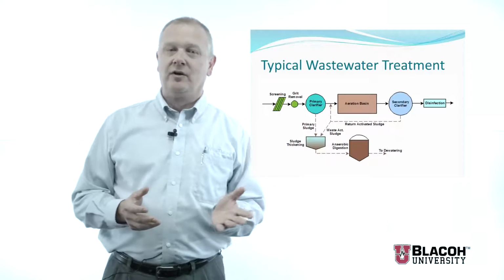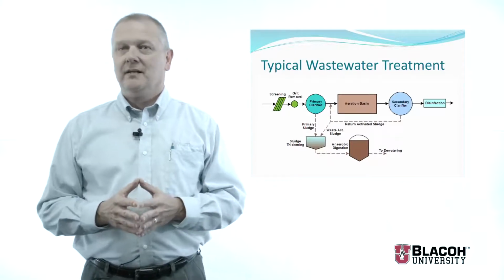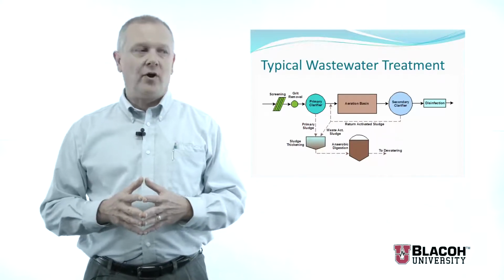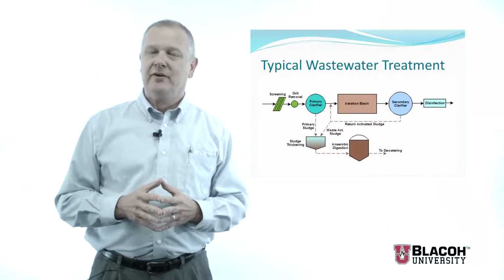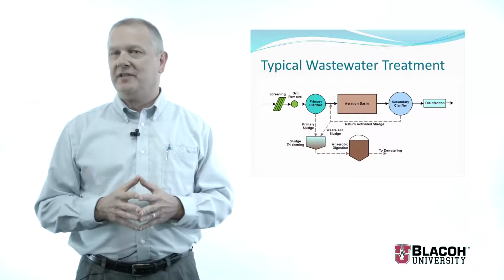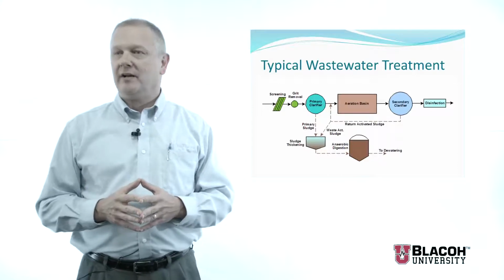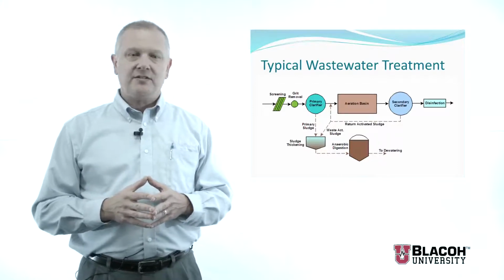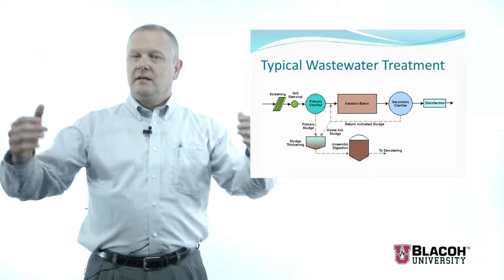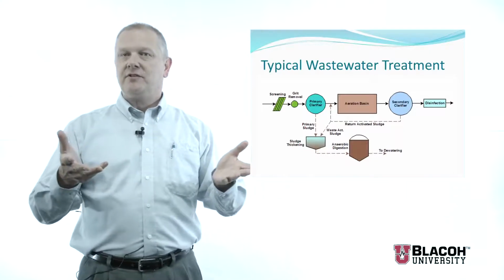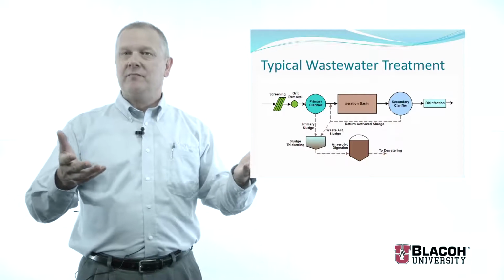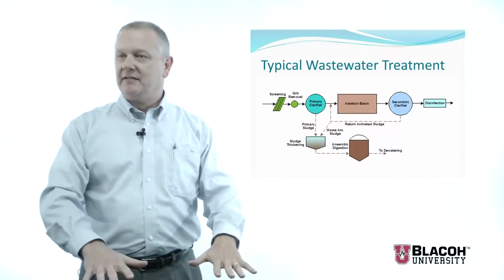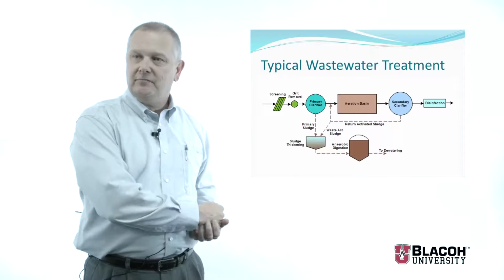Following that is what we call primary treatment or a primary clarifier. Not all treatment plants have primary clarifiers, but any treatment plant bigger than about 5 million gallons a day typically has primary clarifiers. It is a large basin that the liquid flows into, and any solid material in that waste stream will settle to the bottom of the tank where it can be collected and removed.